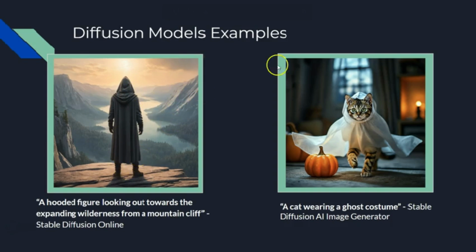For the other example, which is a cat wearing a ghost costume, this proves how realistic Stable Diffusion models can be. It can generate something realistic, but also be creative at the same time. These examples show just how versatile these models can be.